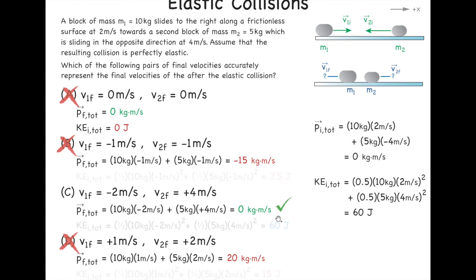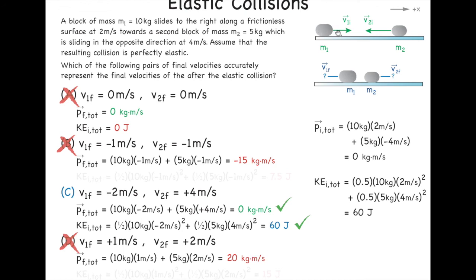It's consistent there. So now we move on to the next stage and we say, what's kinetic energy? Well, kinetic energy is 1/2 mv squared. So that's 4 times 10 is 40. Half of that is 20, plus 16 times 5, which is 80. Half of that is 40. So again, we get 20 plus 40 is 60. And so it's completely consistent. So that's the right answer.